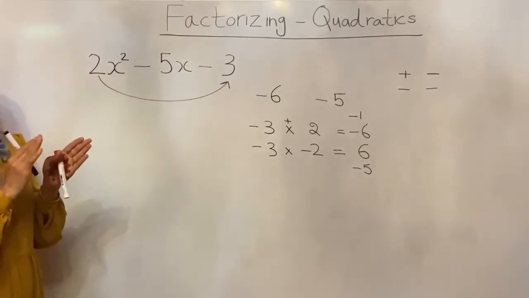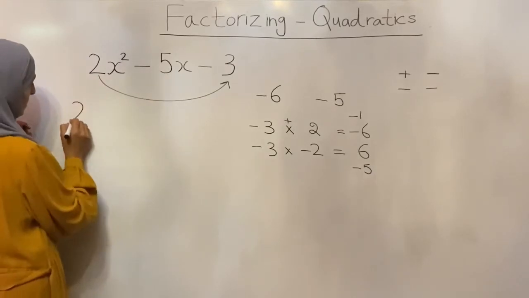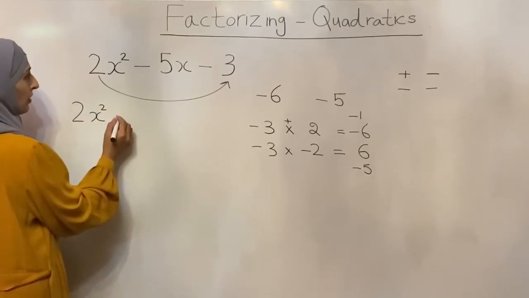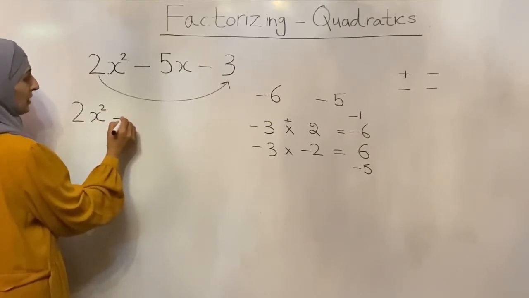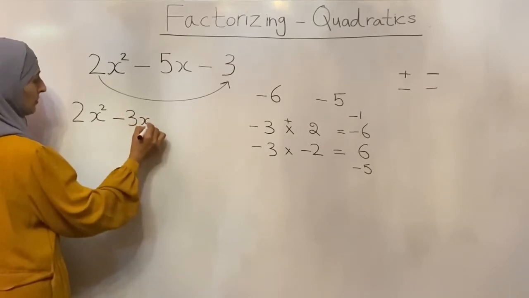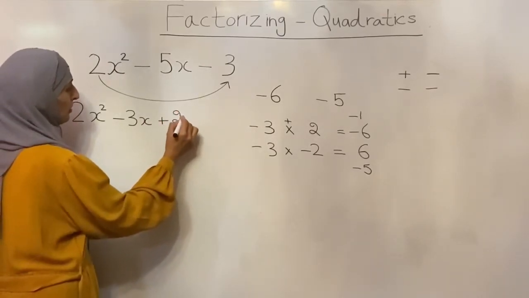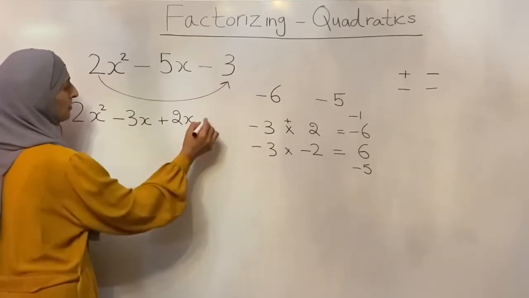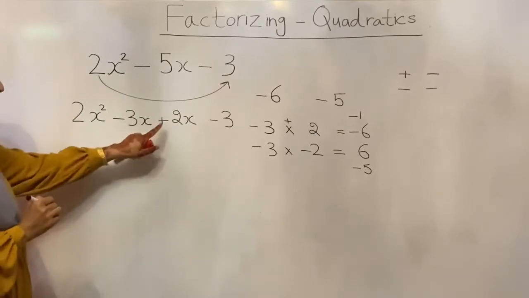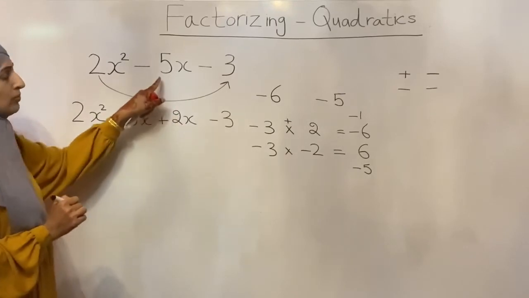To explain these terms very carefully, if I write 2x square minus 3x plus 2x minus 3. 3 times 2 is 6, but minus 3 plus 2 equals minus 5?